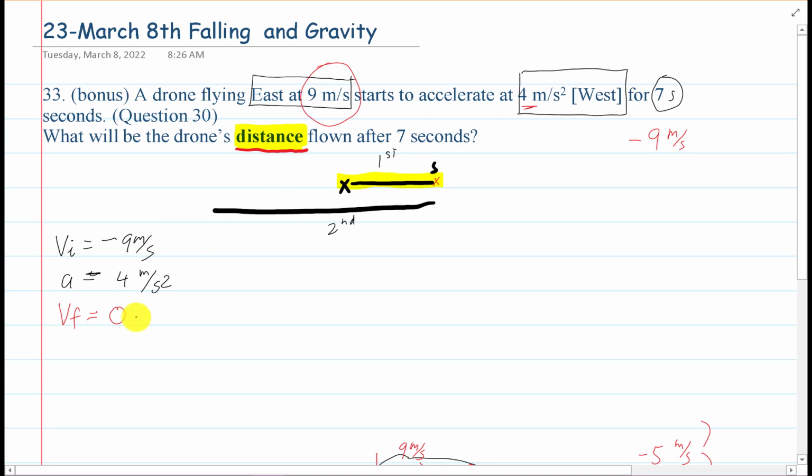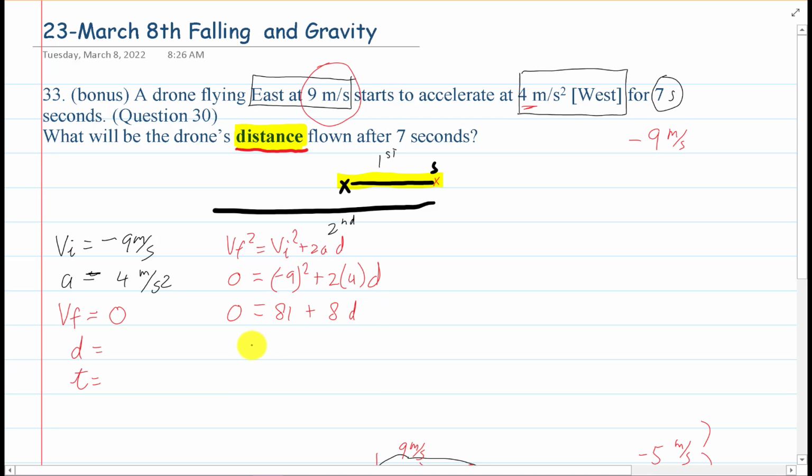So I want to know that distance, and I want to know that time. So the distance I get from VF squared is equal to VI squared plus 2AD. 0 is equal to negative 9 squared plus 2 times 4 times D. This is going to be 0 equals 81 plus 8D.